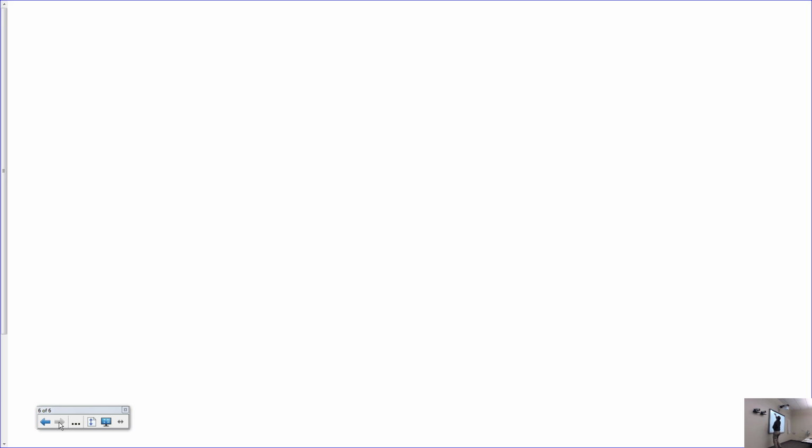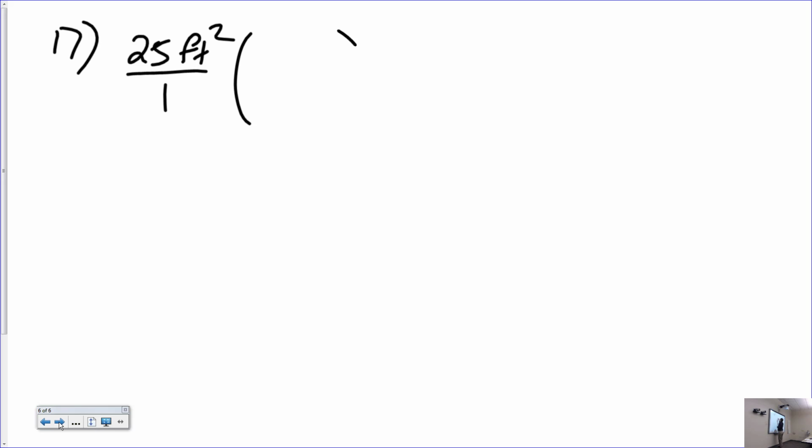And then the rounding off, page 3, number 17: 25 feet squared, converting it to meters squared. This one's just being careful with the squares. That was a bigger problem more than anything else. If you use the 30.5 centimeters in a foot, you had to remember to square it, since these units are squared.